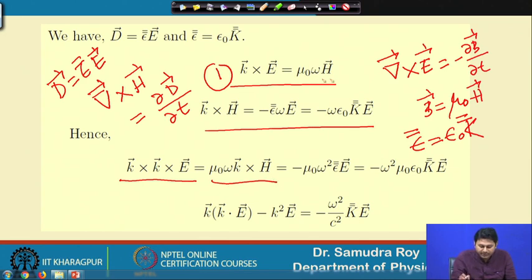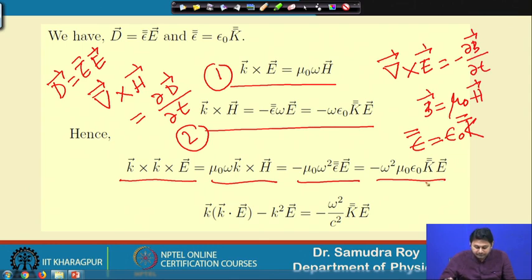So, mu 0 omega as usual, H will be there, and a k cross H term will come, because I am making a cross product of the entire equation with k. Then for k cross H, I will use the information from equation 2, and k cross H can be replaced by minus epsilon 0 omega K double bar E. So, I will replace this, and omega and mu are there. So, you will have this omega square and mu term. Finally, this term leads to omega square mu 0 epsilon 0 K double bar E.